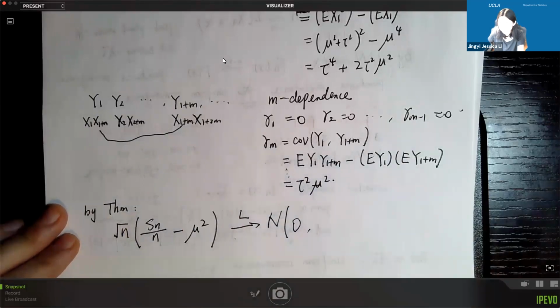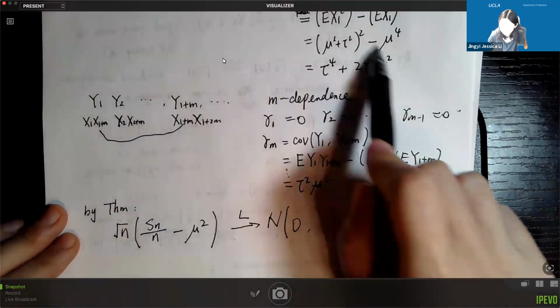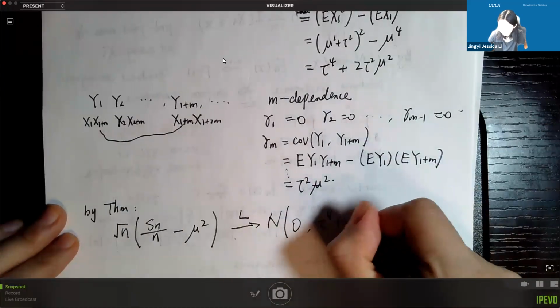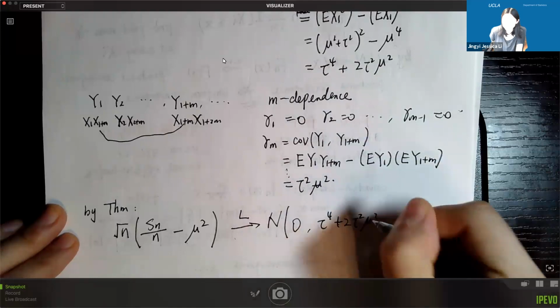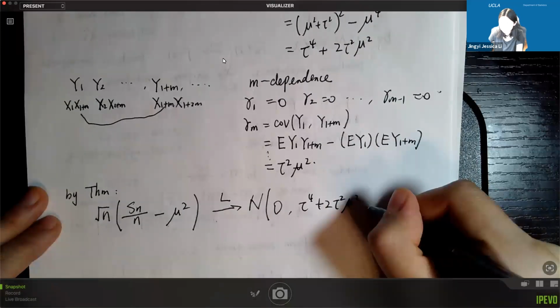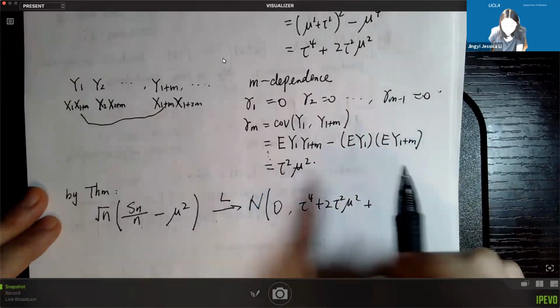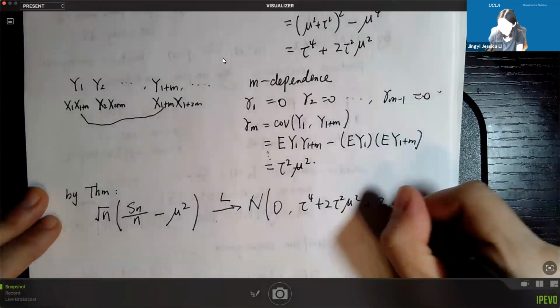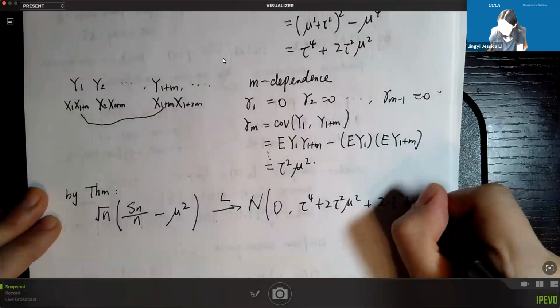And the asymptotic variance term will have two parts. One is this part: tau to the fourth plus 2 times tau squared mu squared. That's the first part. And the second part is 2 times this, and this is the only covariance term in my summation: 2 times tau squared mu squared.